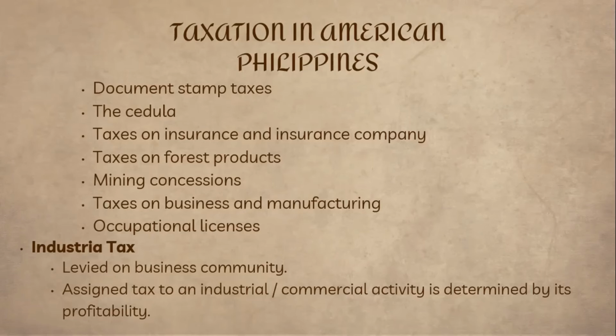Six, taxes on insurance and insurance companies. Seven, taxes on forest product. Eight, mining concessions. Nine, taxes on business and manufacturing. And 10, occupational licenses. In 1907, some provinces were authorized to double the fee for the cedula to support the construction and maintenance of the road.